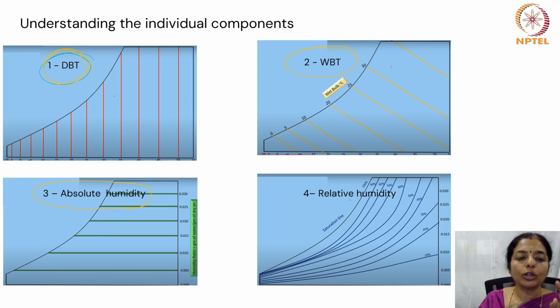The fourth one is the relative humidity. Now, relative humidity can be defined as the percentage of moisture in the air compared to the maximum amount of moisture the air can hold at a specific temperature. It is expressed as percentage. It becomes important because it is key in determining thermal comfort.